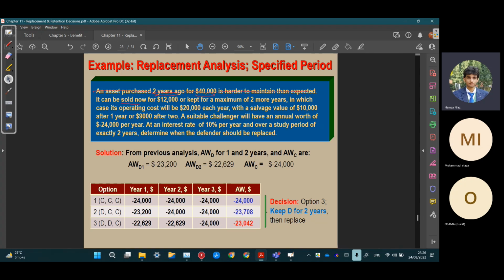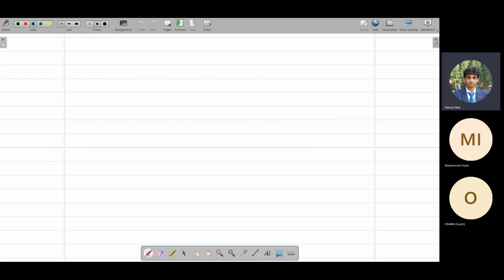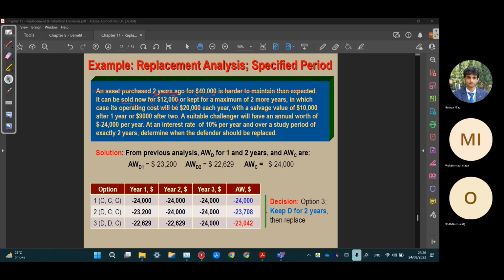It can be sold now for 12,000. So, if we are writing this as asset A, they are saying that the market value of the asset is 12,000 now. So we can sell it at year zero and get 12,000.